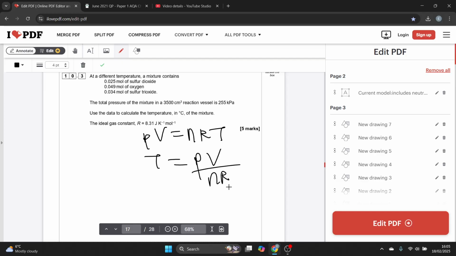So pressure 255,000 times the volume in meters cubed, so 3,500 times 10 to the power minus 6, divided by n, the number of moles, 0.025 plus 0.049 plus 0.034, times 8.31. Is that the temperature in Kelvin or degrees Celsius? That is the temperature in Kelvin.